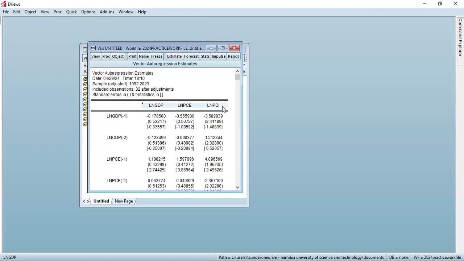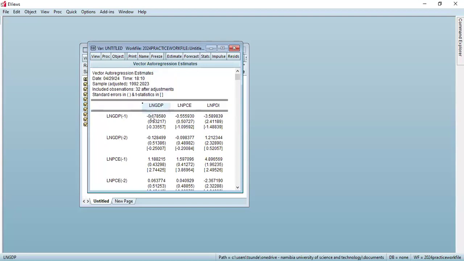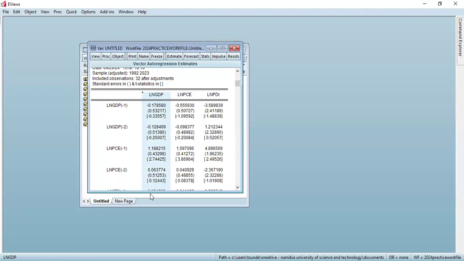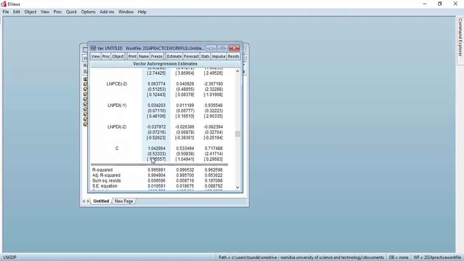So these variables on top are our independent variables. If we take this first independent variable, GDP, and go downwards, I'm sure you can see that this is the first lag of GDP, second lag of GDP, first lag of PCE, second lag of PCE, first lag of PDI, second lag of PDI, and the constant.